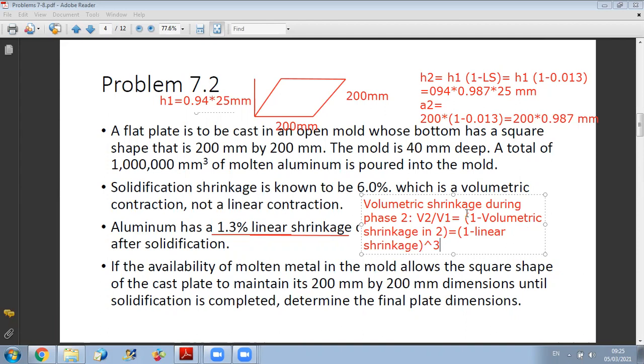So if in an exam they gave you the volumetric shrinkage after solidification, and you want to deduce the value of the linear shrinkage, you can use this relation to relate both. Any question on this problem?